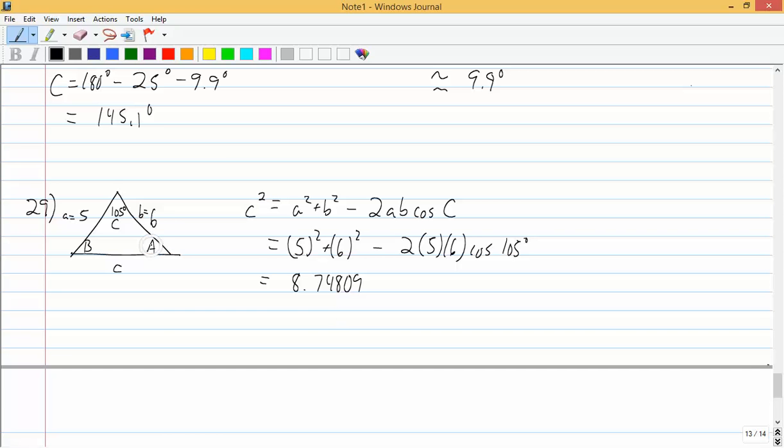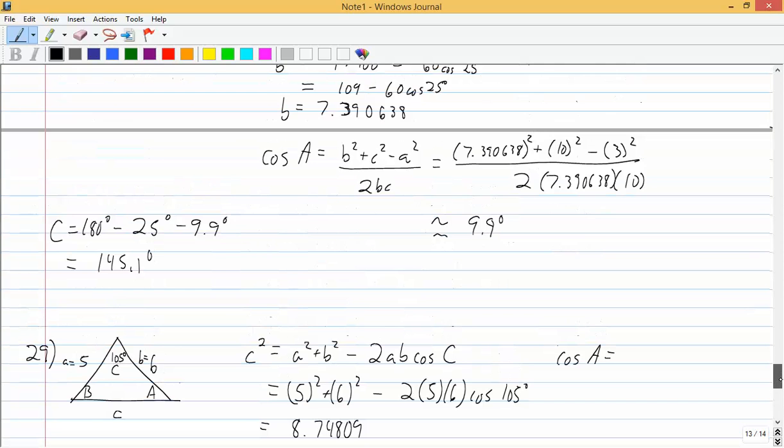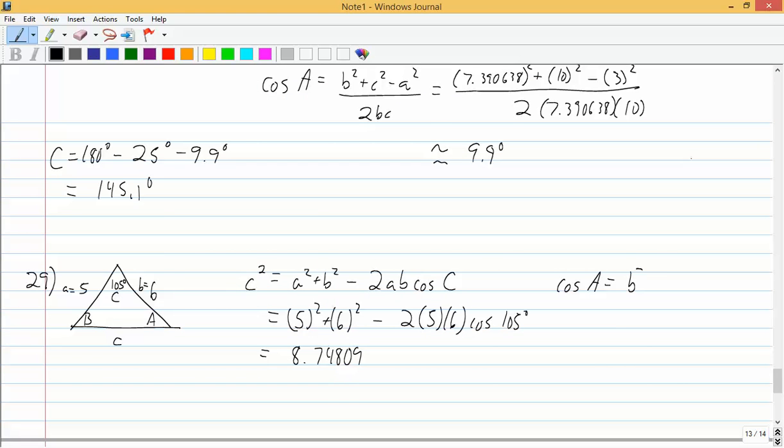So I'm going to solve for angle A next. The cosine of angle A is equal to B squared plus C squared minus A squared all over 2BC. Alright, so plug those values in.